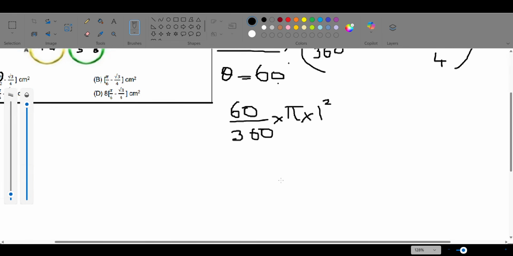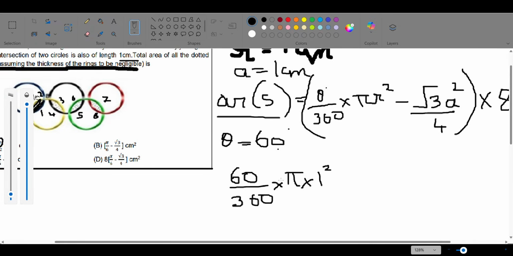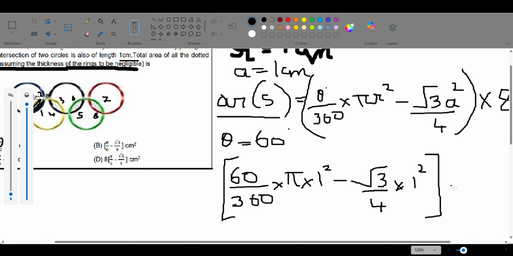Now minus root 3 by 4 into a square, which is again 1 square, the whole into 8.